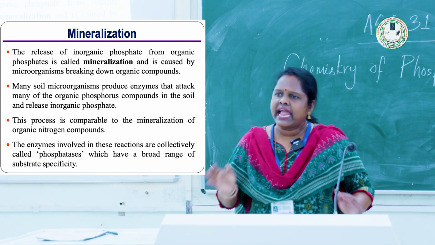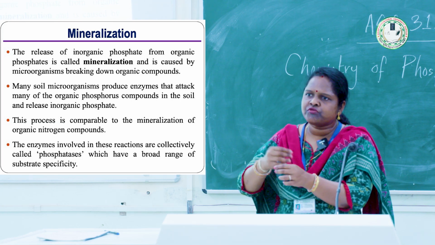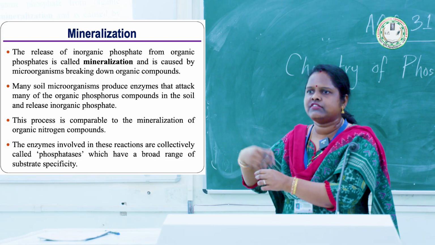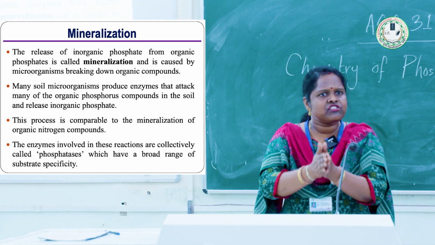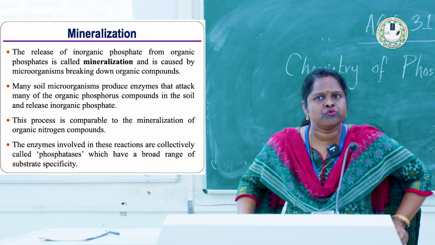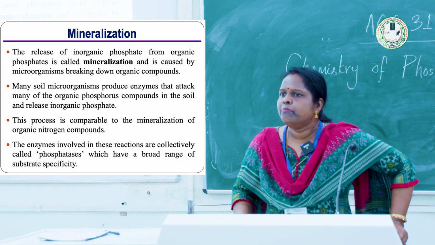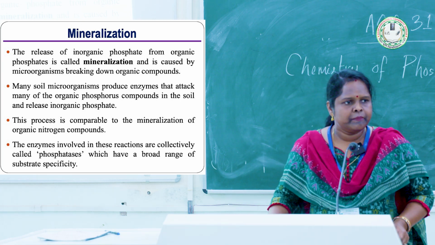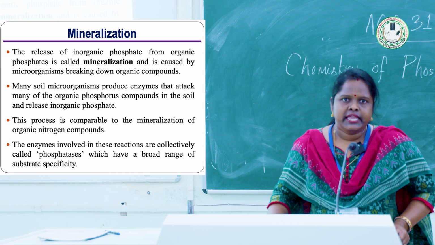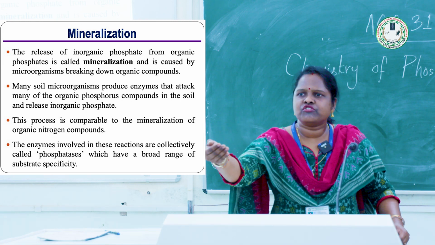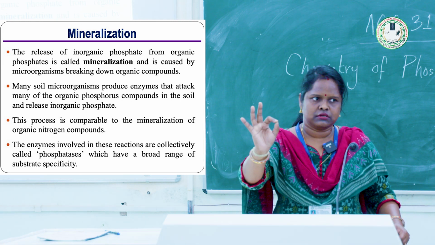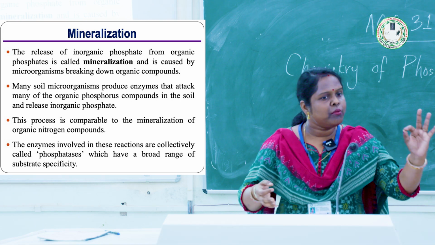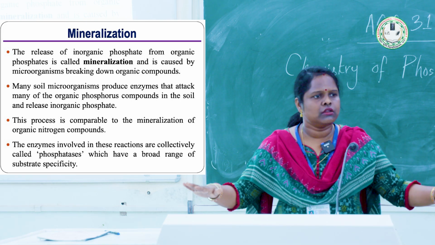For nitrogen it is different, for phosphorus it is different, for sulfur it is different. So there is a specific group of enzymes involved in the mineralization process, and in case of phosphorus mineralization it is phosphatases. If mineralization is more in soil, then good. If immobilization is more in soil, then not good.